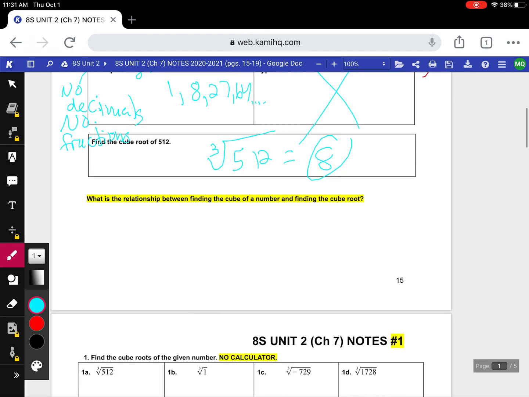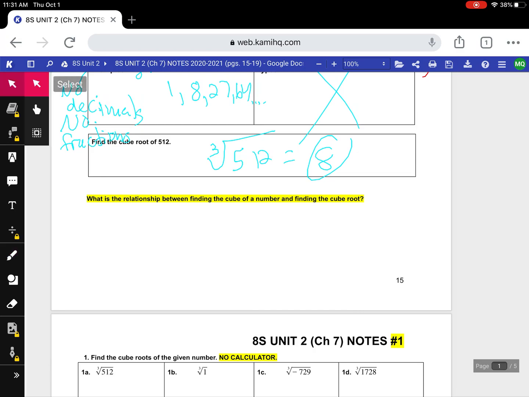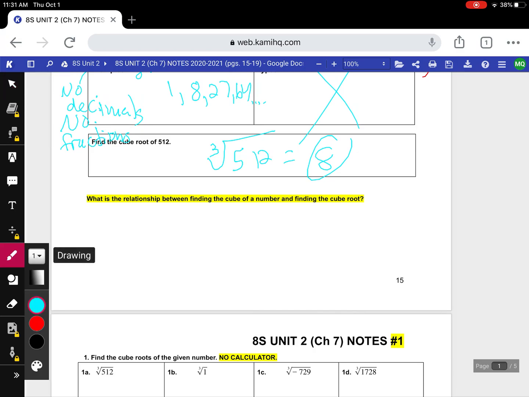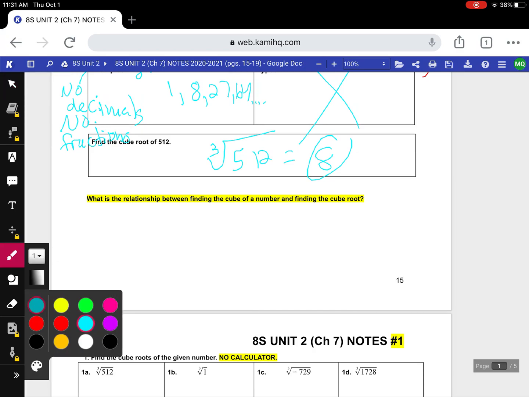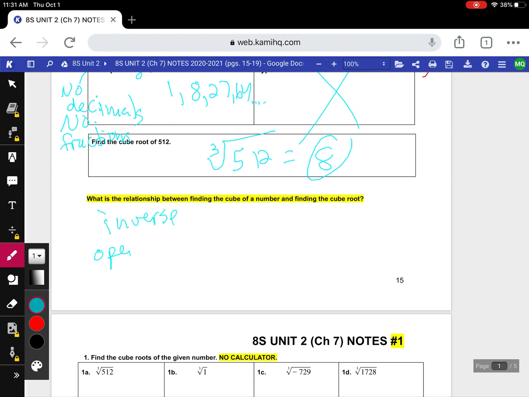Okay, and then finally, if you look down at the bottom of the page, what is the relationship between finding the cube of a number and finding the cube root? Well, I hope you remember when we did this with square roots that they were inverse operations. So the same thing applies to cubes and cube roots. Okay, so we're going to say they are inverse operations. So now we got a bunch of inverse ops, right?